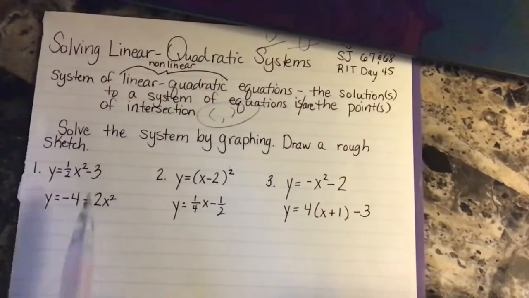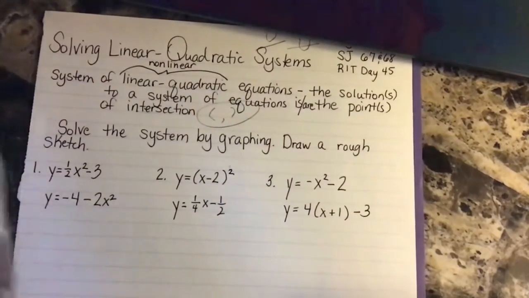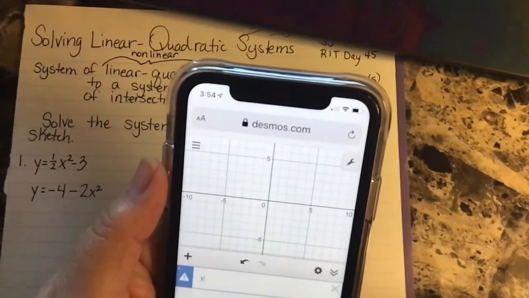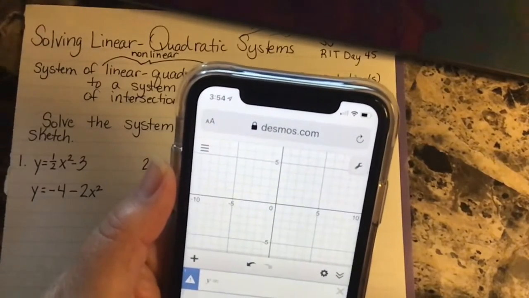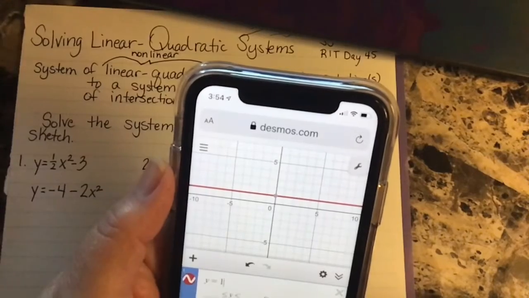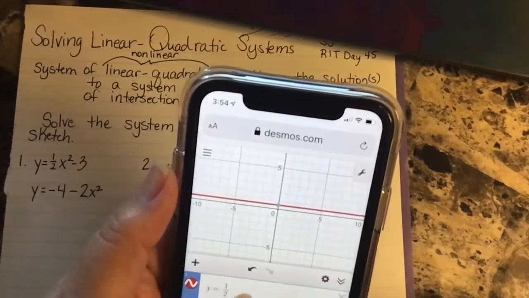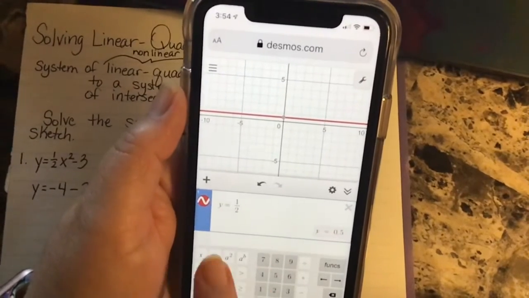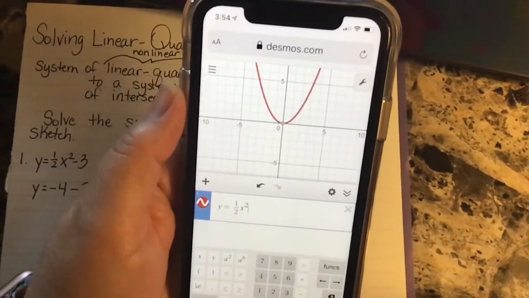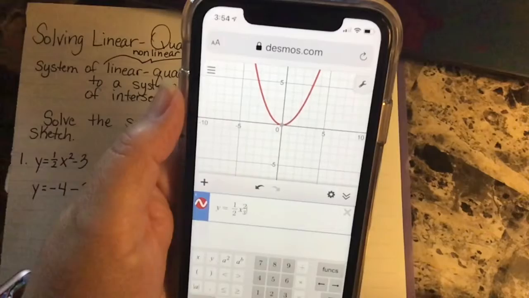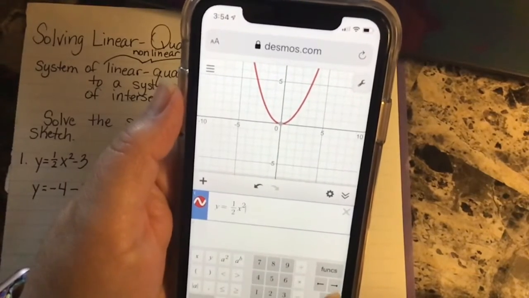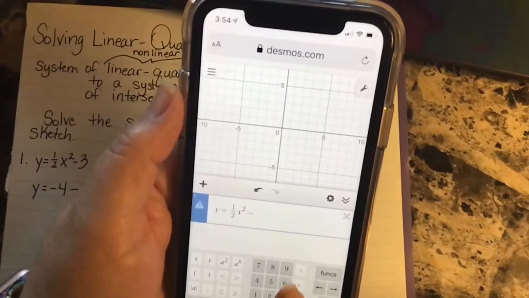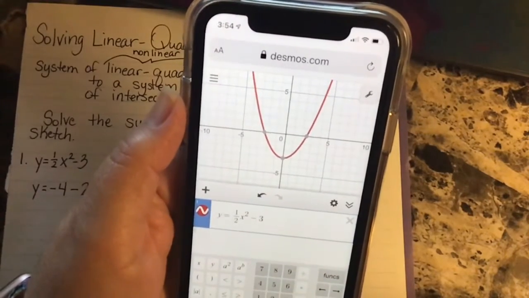Okay, so I'm going to type in these two equations. I don't believe you have to type y equals, but I'm going to type y equals 1/2 x squared minus 3.